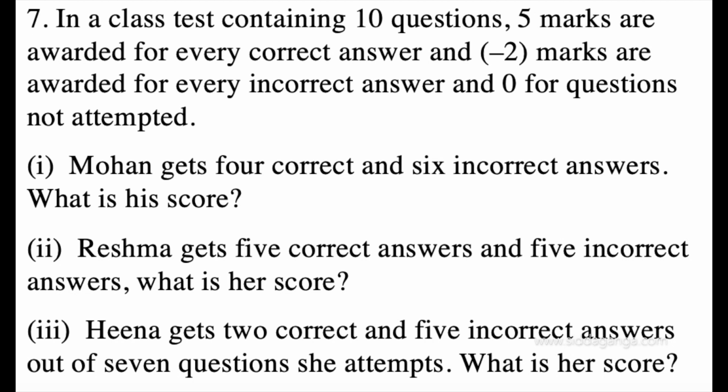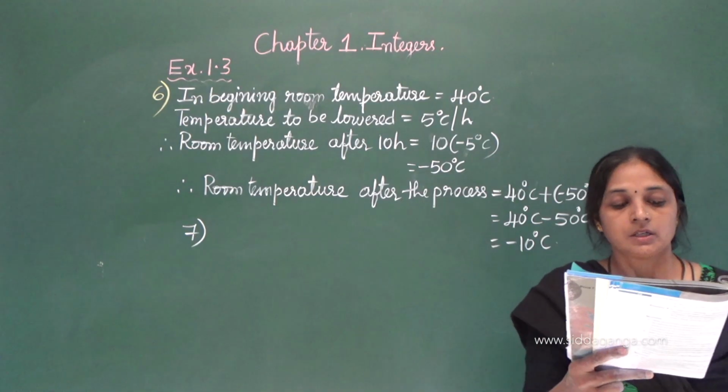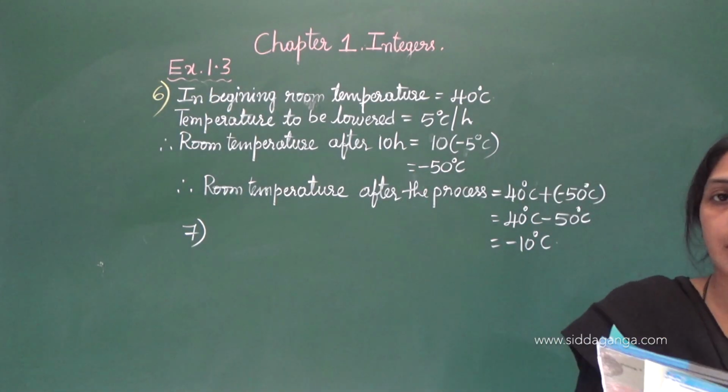In a class test containing 10 questions, 5 marks are awarded for every correct answer and minus 2 marks are awarded for every incorrect answer and 0 for questions not attempted. Okay. Then the first question is, Mohan gets 4 correct and 6 incorrect answers. What is his score?